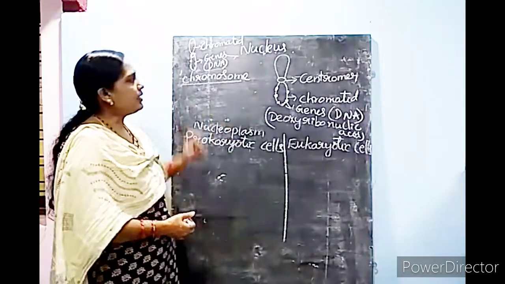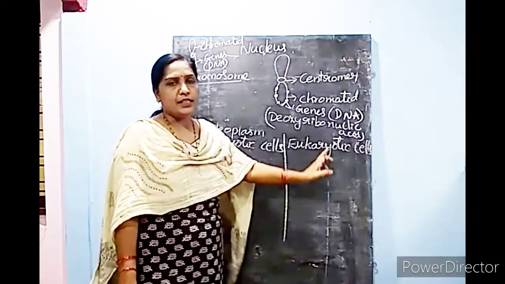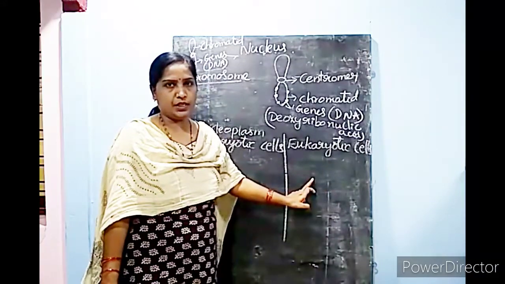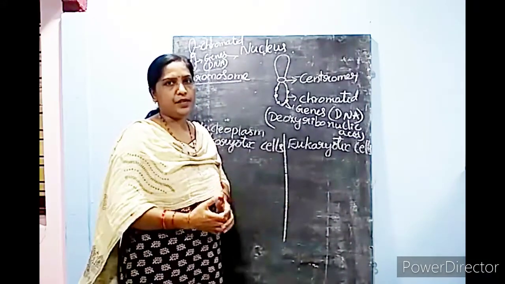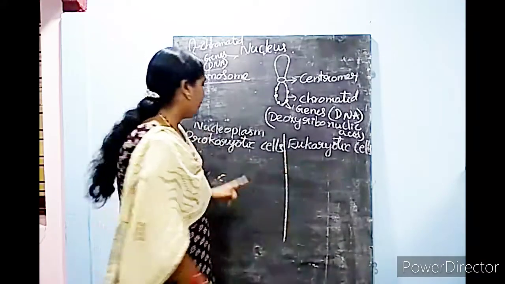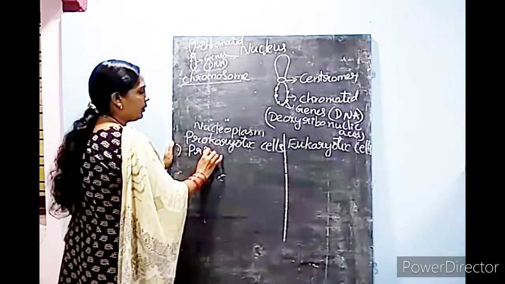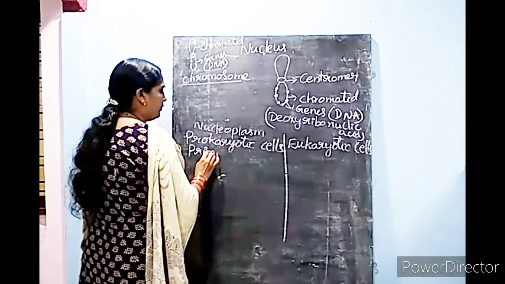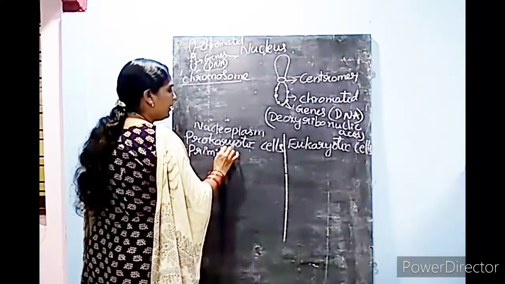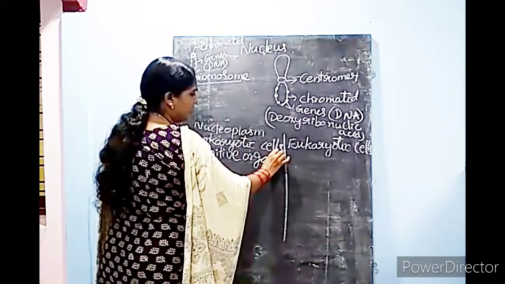Now, based on the nuclear membrane, some cells are prokaryotes, some cells are eukaryotes, I told you. Now we will see the differences between prokaryotes and eukaryotes. Pro means primitive. Primitive organisms, very old organisms.